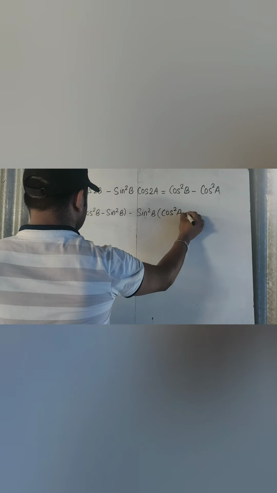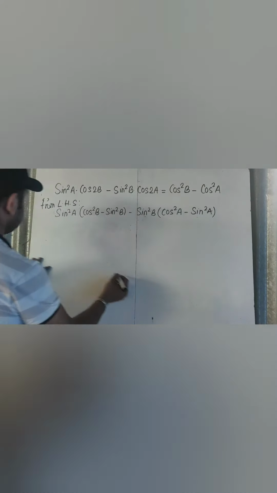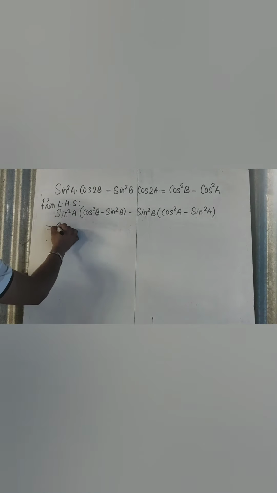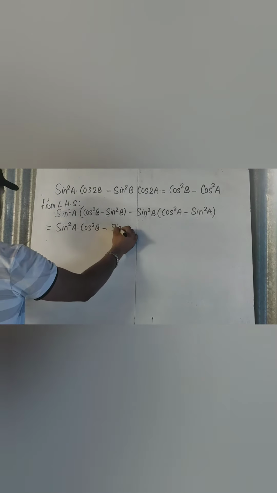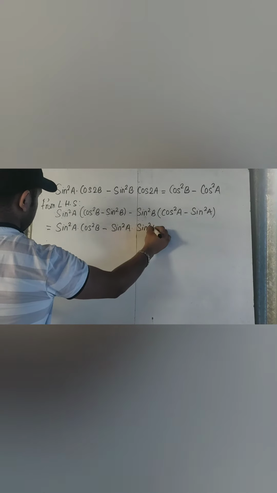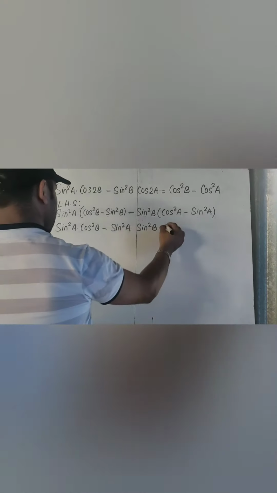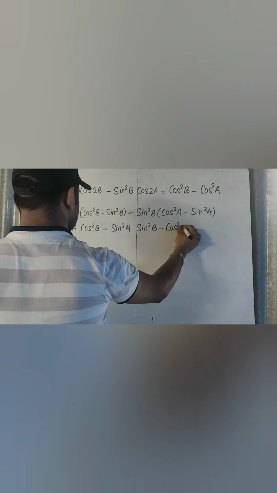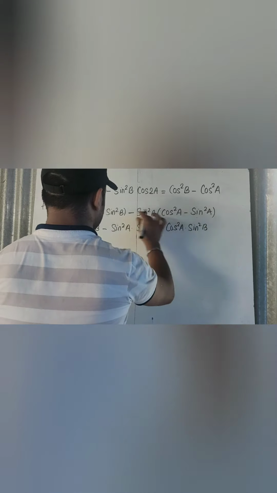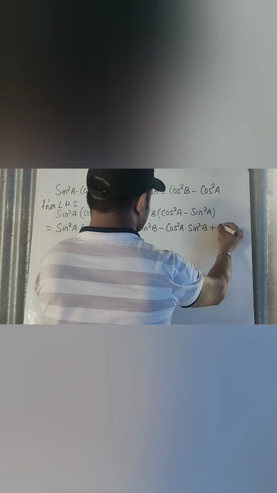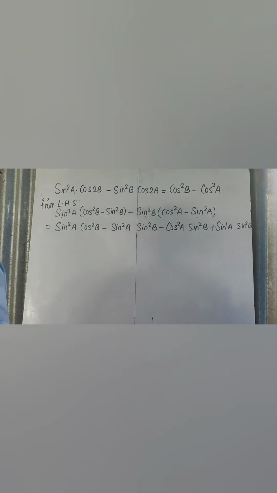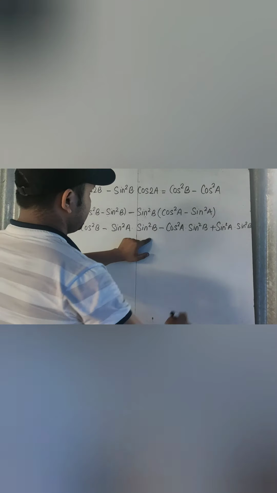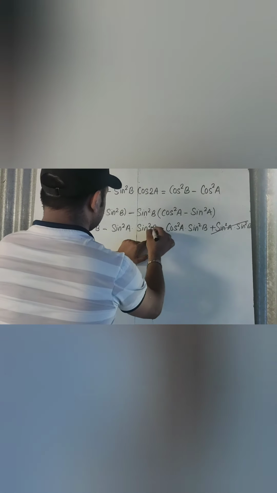The formula of cos 2A is cos square A minus sin square A. Now let's multiply: sin square A into cos square B is sin square A cos square B, minus sin square A sin square B, minus cos square A sin square B, and minus into minus gives you plus sin square A sin square B. Now sin square A sin square B is negative here and positive here, so we cancel them.